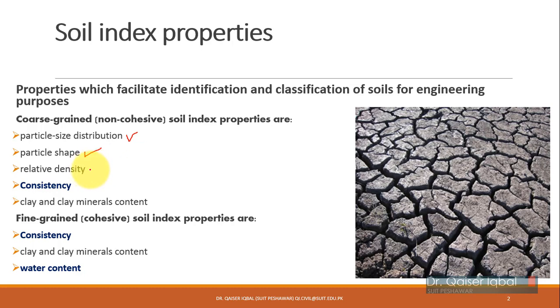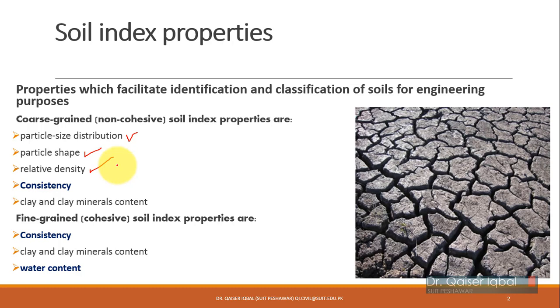Then you have relative density. We already discussed relative density. If the relative density of a soil is high, more than 80%, then it is known as dense soil. Like if you have a sand whose relative density is greater than 80%, then you can call that dense sand.